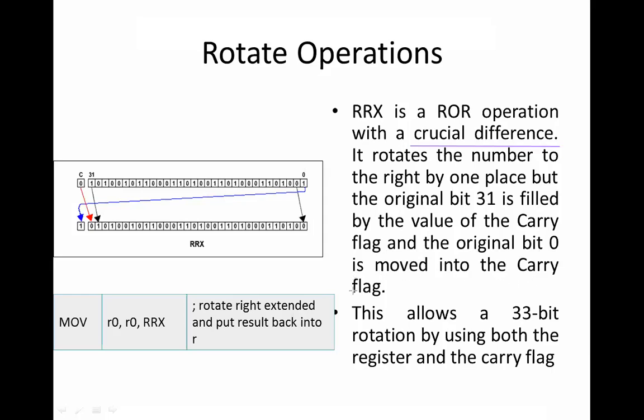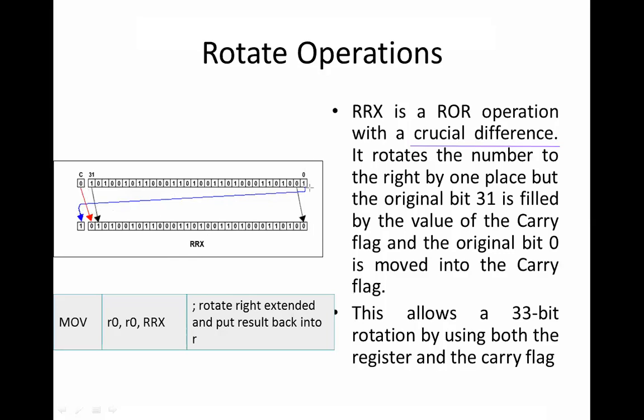So very interesting, isn't it? Suppose I have this value here, and the carry bit is 0, and I just do an RRX, so I do a rotate right with extend. So what is going to happen? Shifting, of course, and this 0 will come and sit here.